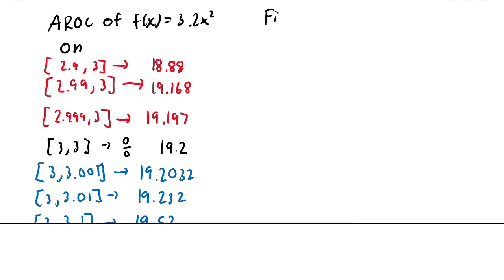The problem that we ran into is that if I try to find the instantaneous rate of change over an interval that has zero length, we end up dividing by zero. And that, of course, is problematic if we try to do it directly. So if we try to do it directly, we get this 0 over 0.